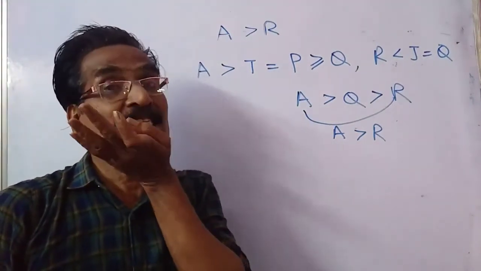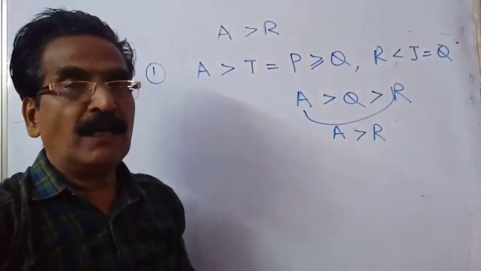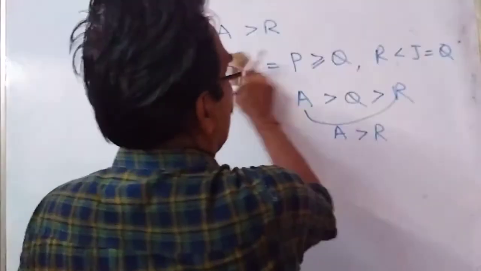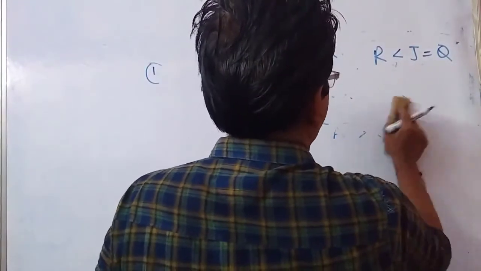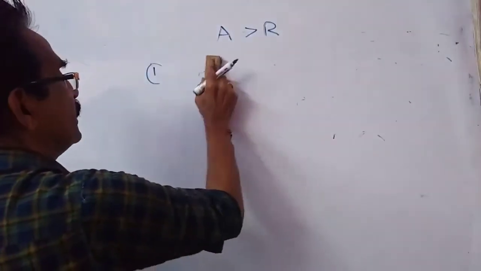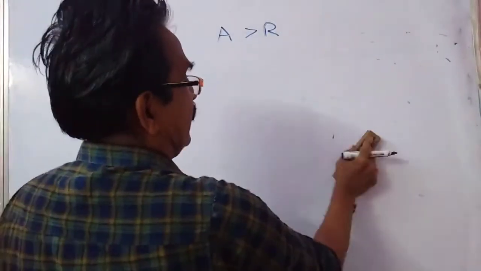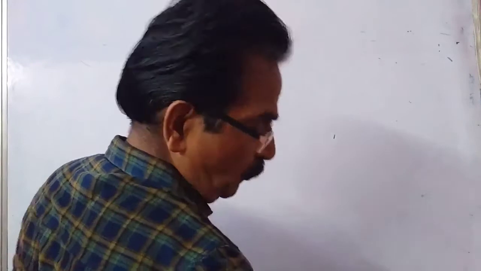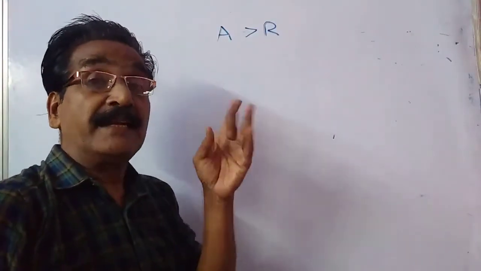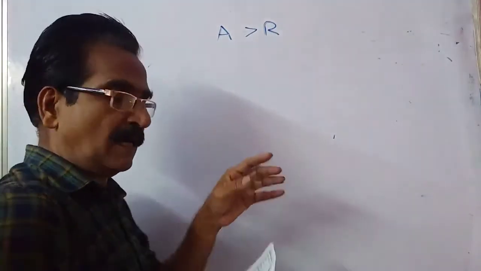A greater than R is true. That is, it follows. We want the statement which does not hold good. So first option is not correct. We have to select the option where A greater than R does not follow.